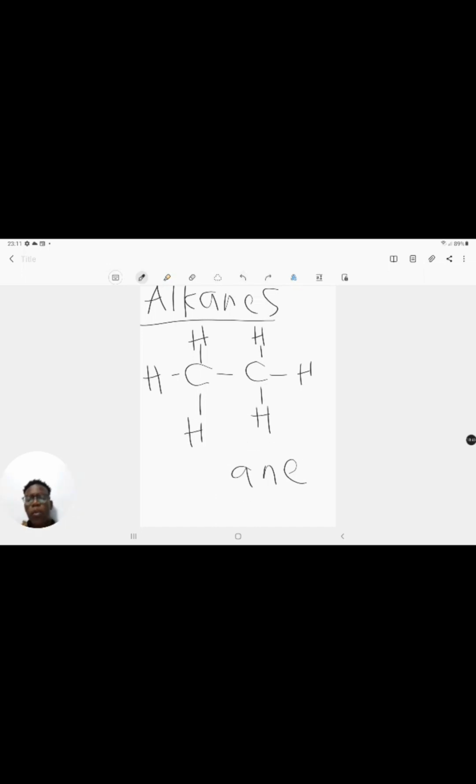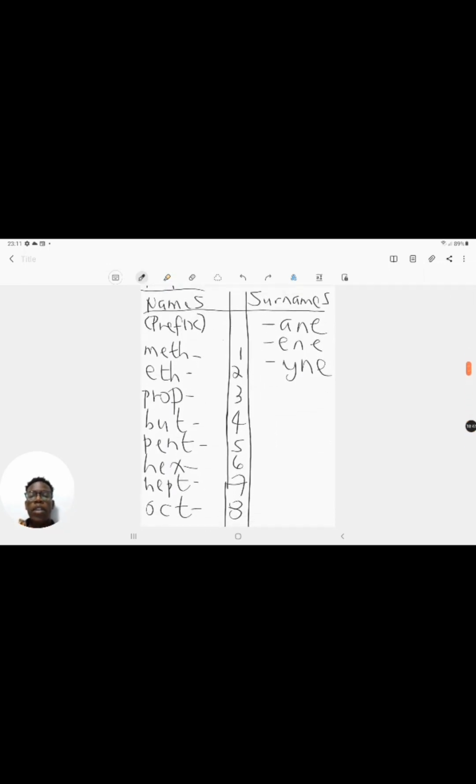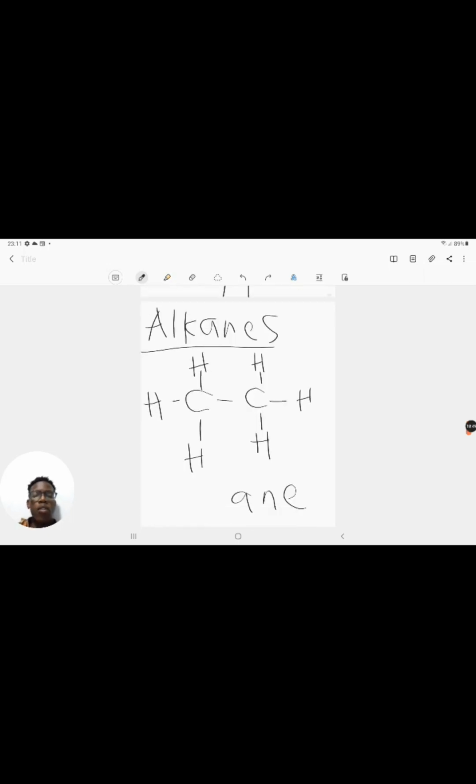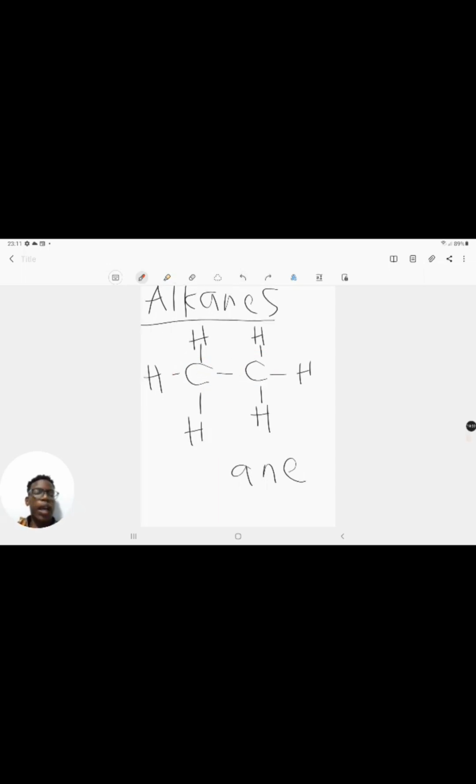But what is the name? We're dealing with names and surnames here. What is the name of this compound? Let's go back down to this compound. How many carbon atoms does this compound have? This compound has two carbon atoms.